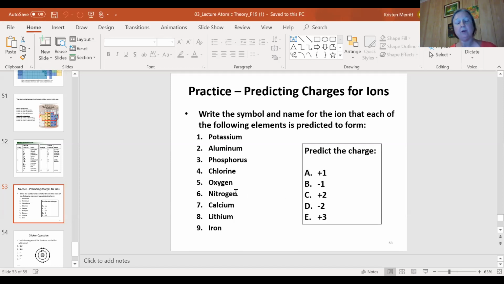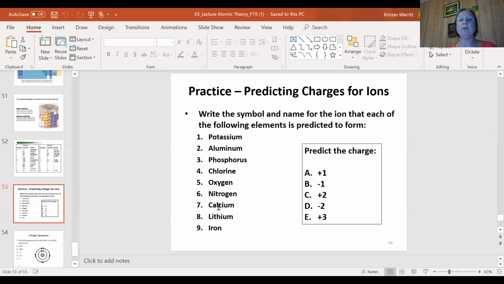Nitrogen is next to it on the other way. So it needs 3 electrons to become, and again, -3 is not on here. I don't know why. But nitrogen will be a -3 anion. Calcium is all the way back over to group 2. Group 2A, it's easier then to lose electrons than to gain, because it can lose 2 or it can gain 6.